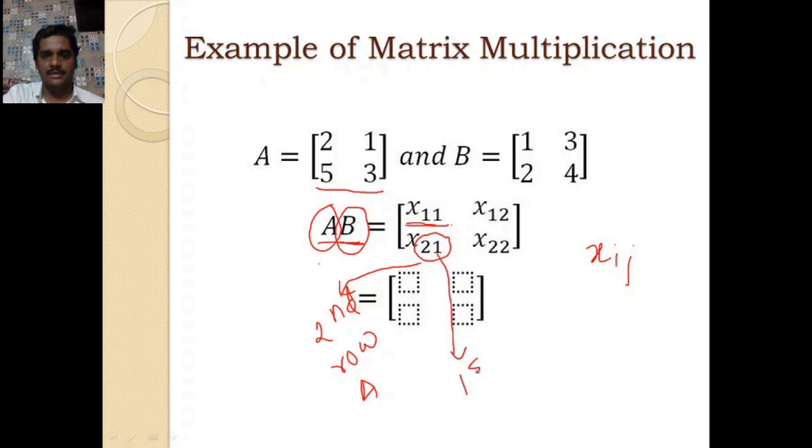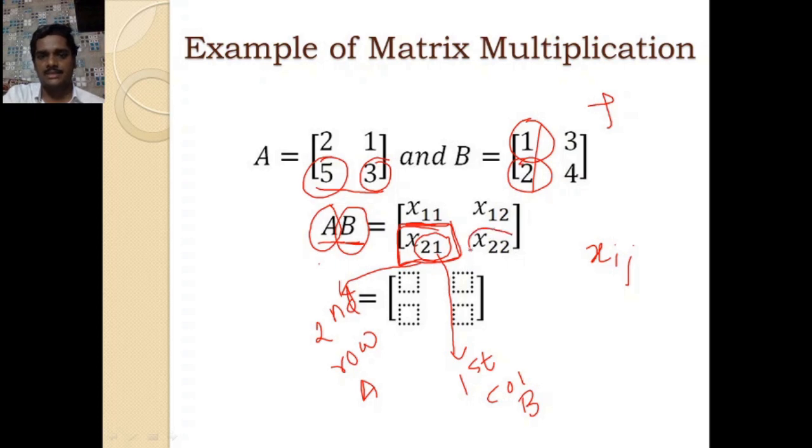So you have to pick first column of B. What to do next? You have to multiply them together. So this 5 multiplies with this 1 plus this 3 multiplies with this 2 to give you this.